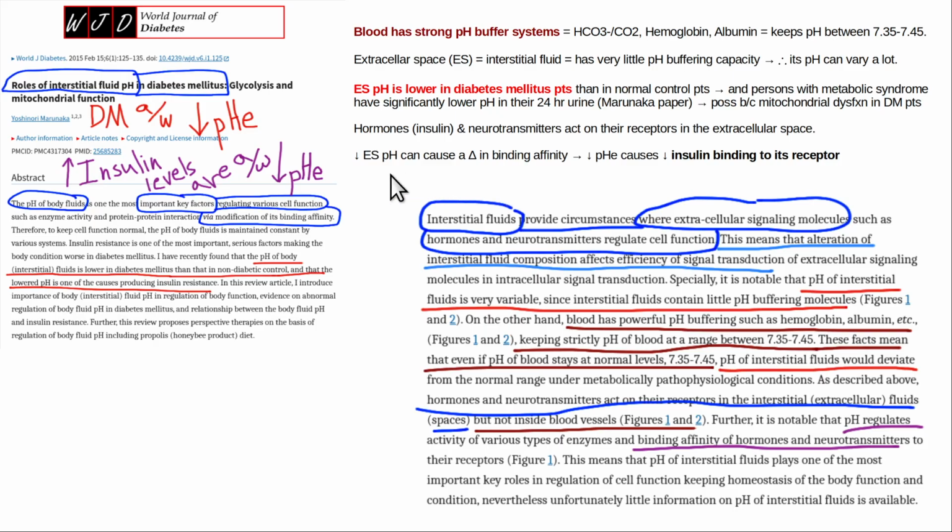And if you have decreased pH in the extracellular space, meaning acidification of the extracellular space, that can cause a change in the binding affinity of insulin to the insulin receptor. We talked about that. But it'll also cause a change in the binding affinity of some neurotransmitters for their neurotransmitter receptor. And that's a big deal.